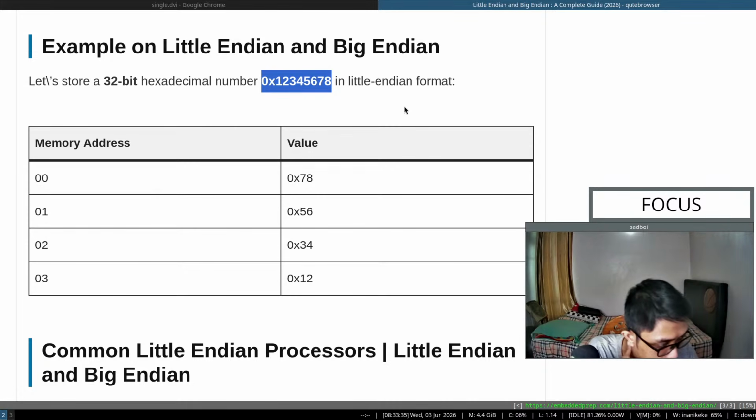The CPU knows how to interpret a bunch of consecutive squares as a single number, but the order of the bytes has to be set in advance.